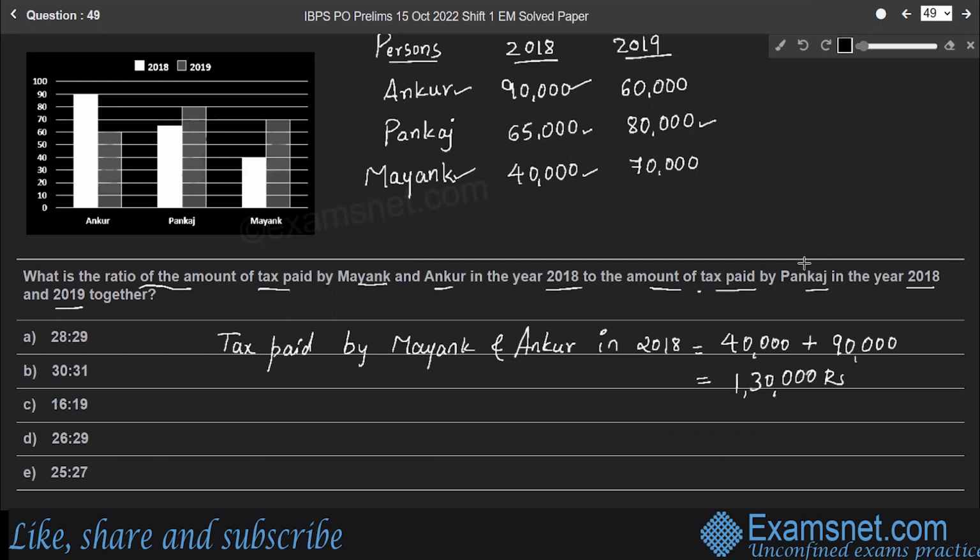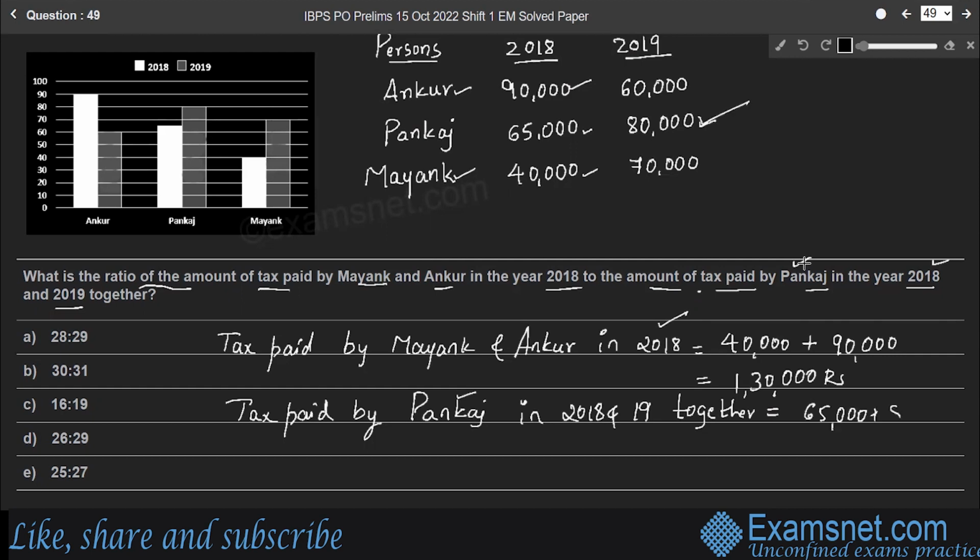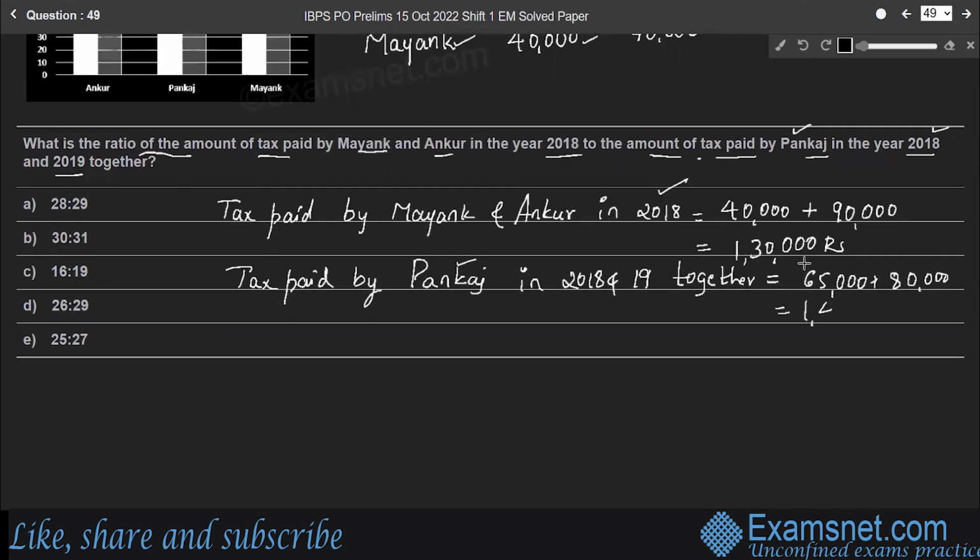Whereas tax paid by only Pankaj in two different years, 2018 and 19 together. Whereas in the first case, tax paid by two persons in only 1 year. In the second case, tax paid by only one person in two different years, right? So Pankaj paid in 2018, he paid 65,000 tax. In 2019, he paid 80,000 tax, right? Totally, he paid 1,45,000 tax.